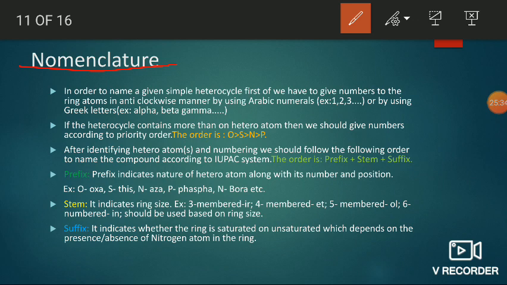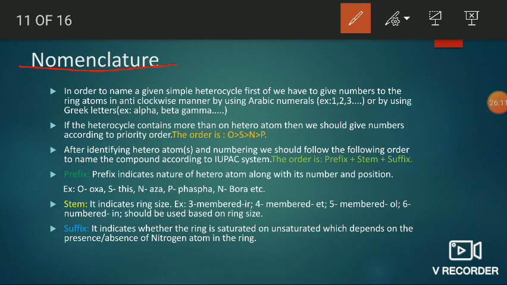a given heterocyclic. Then we have to give numbers to the heterocyclic compound according to Arabic numerals or according to Greek letters such as alpha, beta, gamma, delta. After finding heteroatoms in the given heterocycle, we have to give numbers to the heterocycle ring in order to get the least number to the heteroatom.